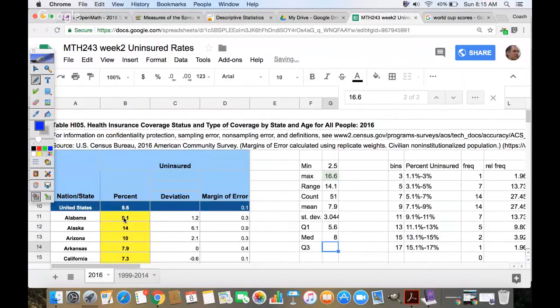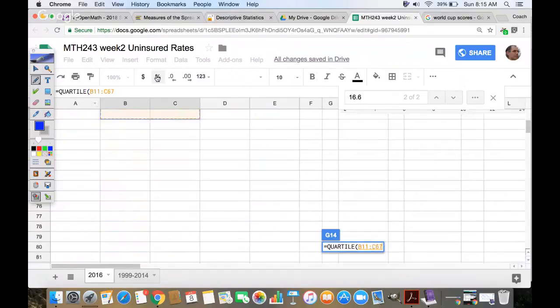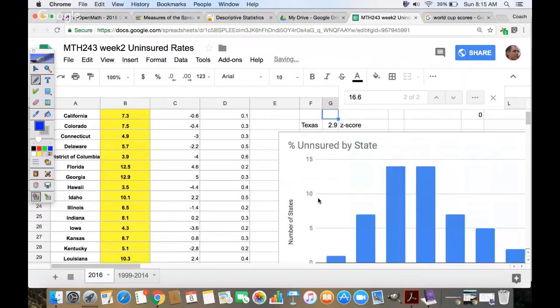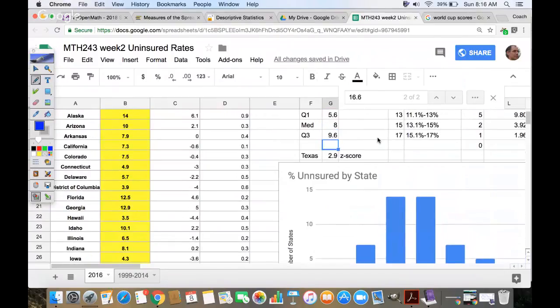And quartile 3. So those are all my summary statistics. All right, so I can get those on the spreadsheet and I can get them on StatKey.